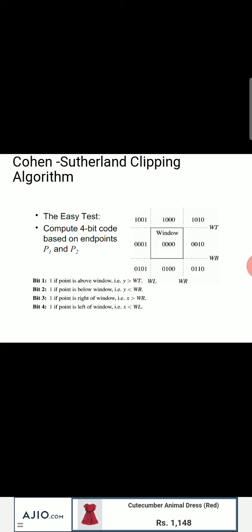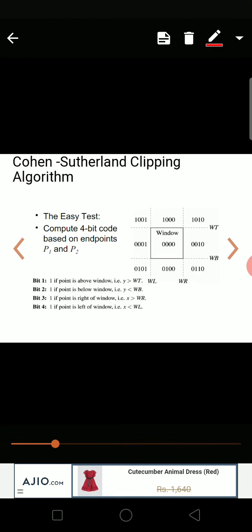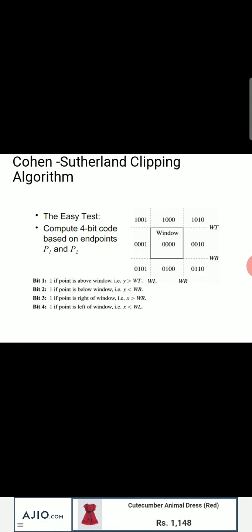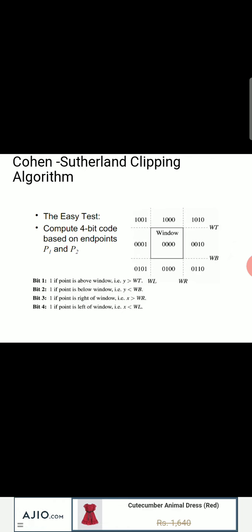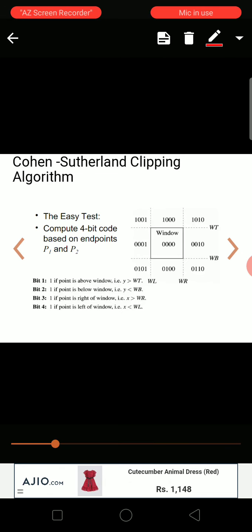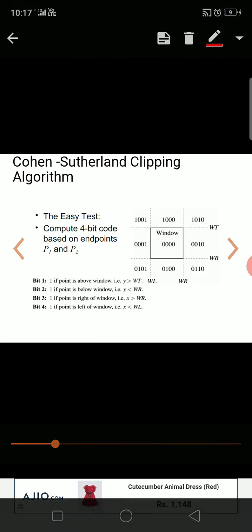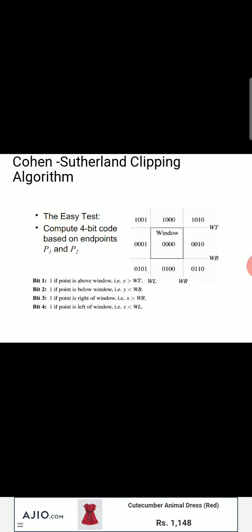The easy test computes a 4-bit code, called the location code, for each endpoint of the line. Basically, you can see in the figure that the region surrounded by the window is completely divided into 9 regions, and each region will have a unique 4-bit code.